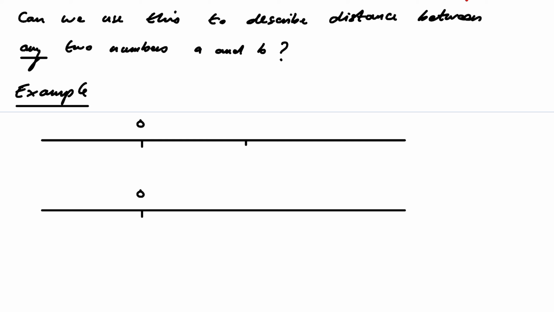So we'll do 3 here and 7 up here. So I want to know the distance between 3 and 7. So the distance between 3 and 7, of course, is going to be the length of this line segment.